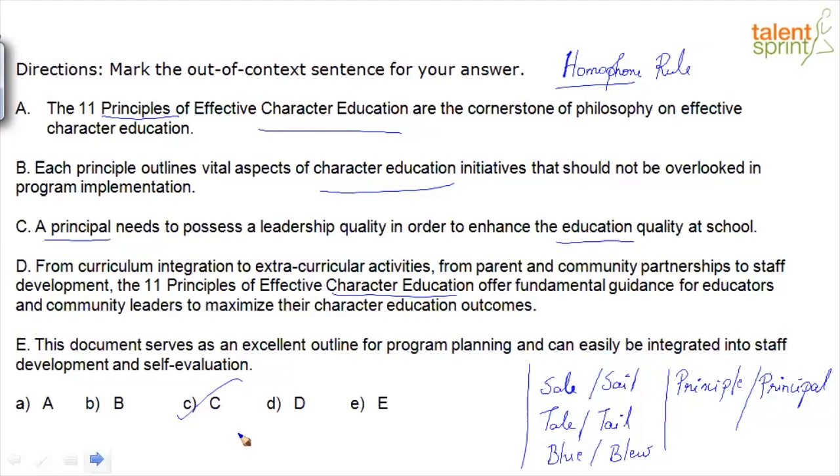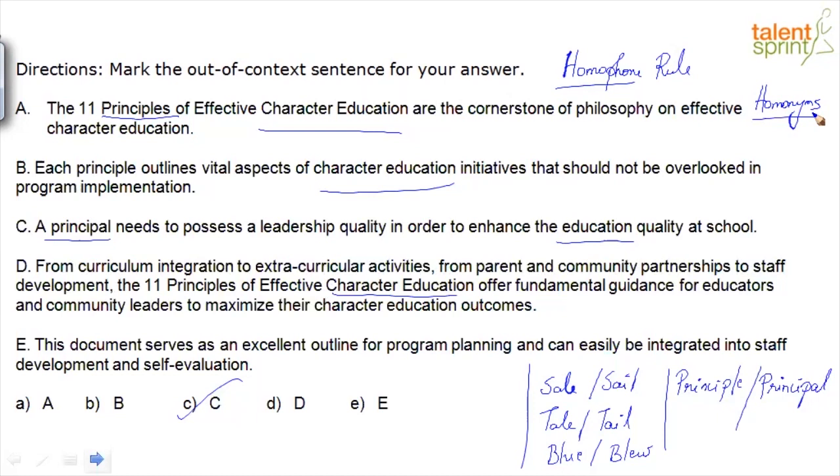So you can keep this also in mind: look for homophones. Now some of you might be confused with another term, which is homonyms, right? Homonyms, just for your knowledge, on the other hand, have the same spelling, unlike homophones.